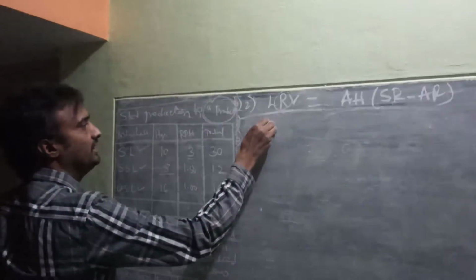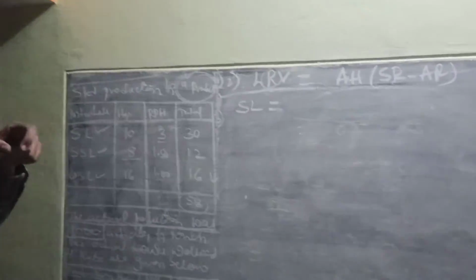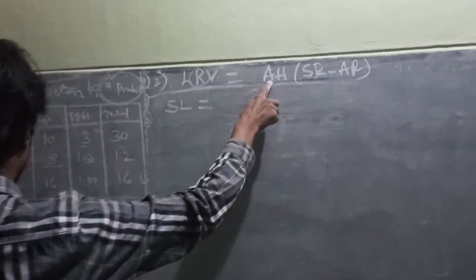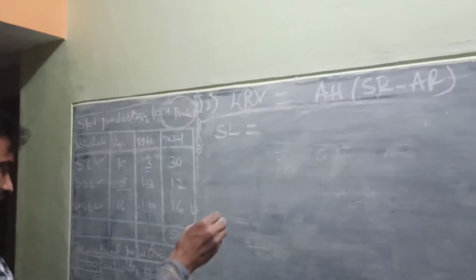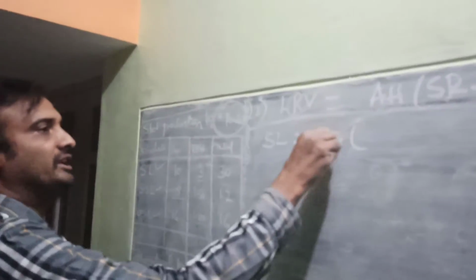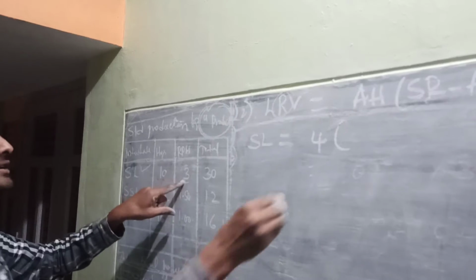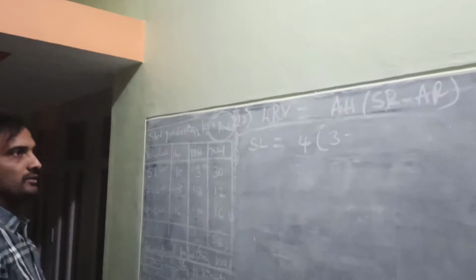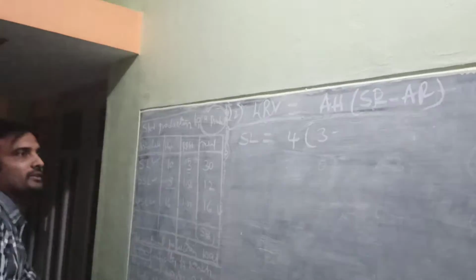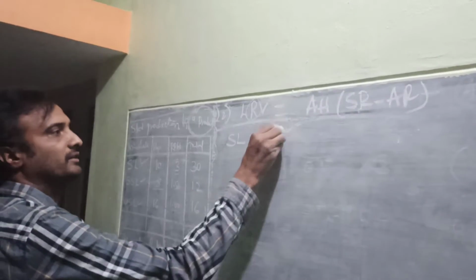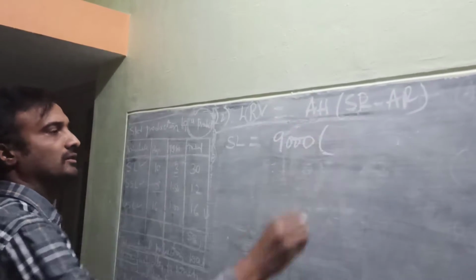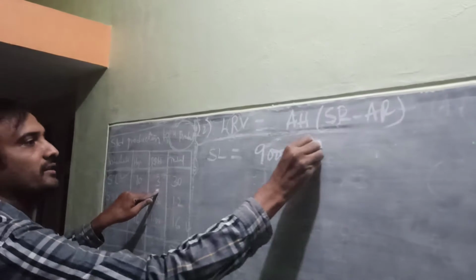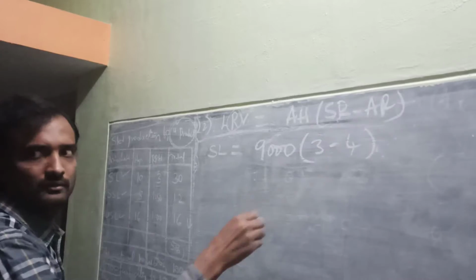First one is skilled laborers. For skilled laborers, the actual hours is 9,000 hours, and the standard rate is 3 rupees minus actual rate of 4 rupees.